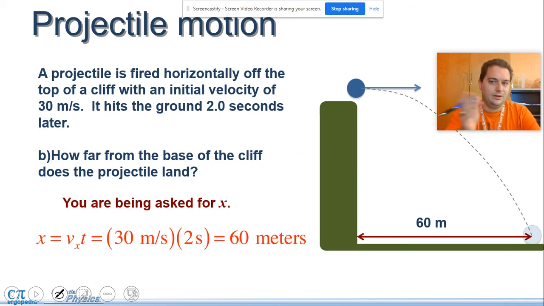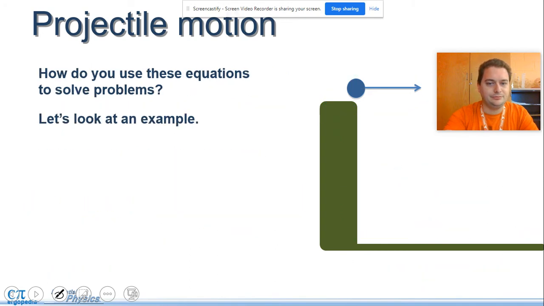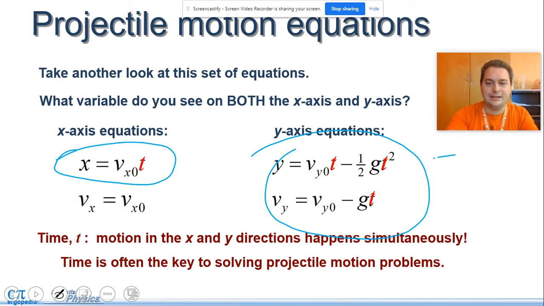Easy peasy. It only really gets tricky to find range when you don't know the time and you have to deal with the y-axis. How high is the cliff? Are we looking for range still? We're looking for height. Height is which axis? It's the y-axis. We hadn't talked about this much before. Looking at this equation, this one was range, right? It's a y-axis equation though.